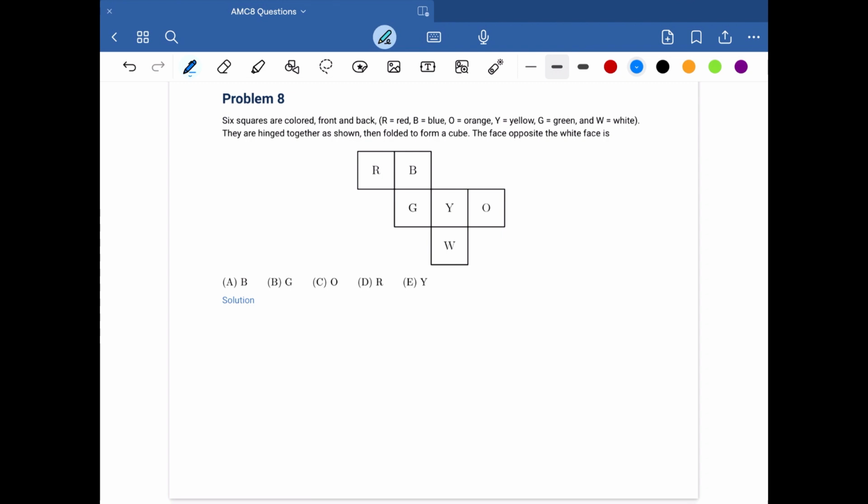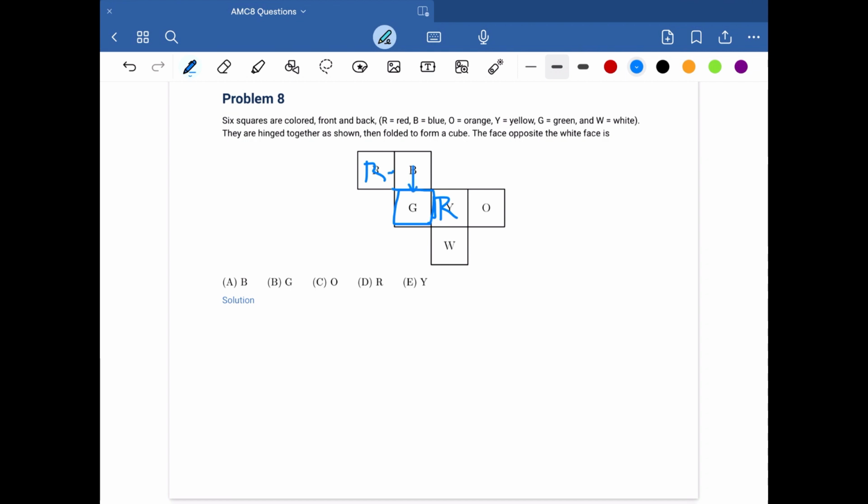First, we need to identify which one we can keep at the center. We can keep any of these squares at the center, but the most optimal one would be either G green or Y yellow. We will use G green for this question. Obviously on the right side would be yellow, and on the left side would be red, because if this was folded this way, then this would fold this way.